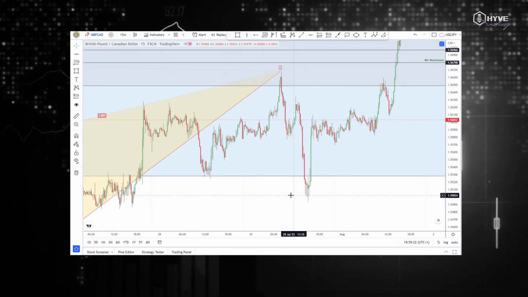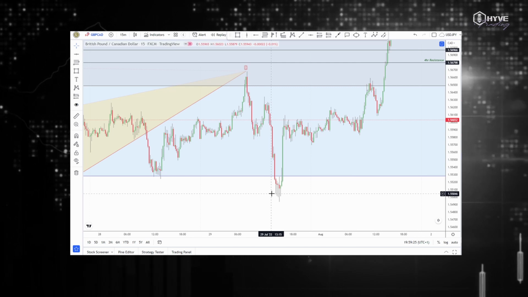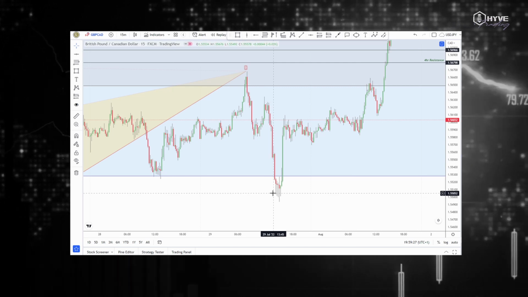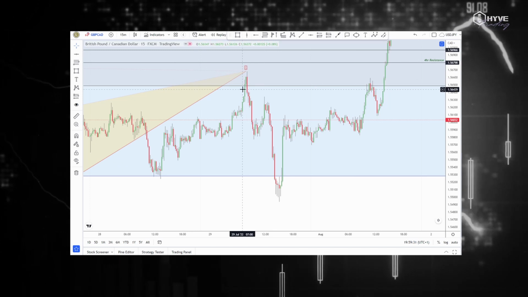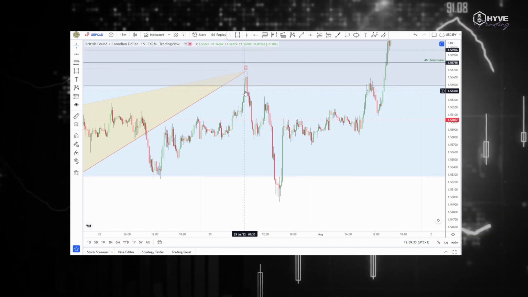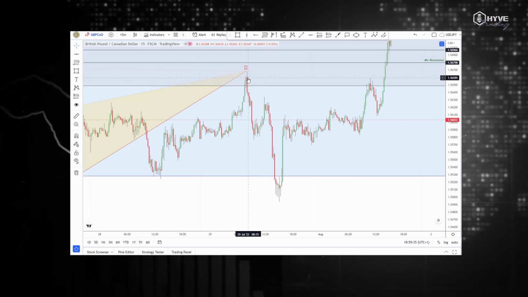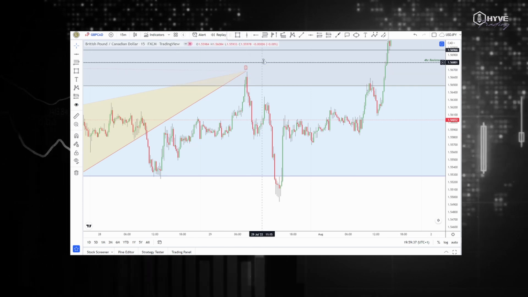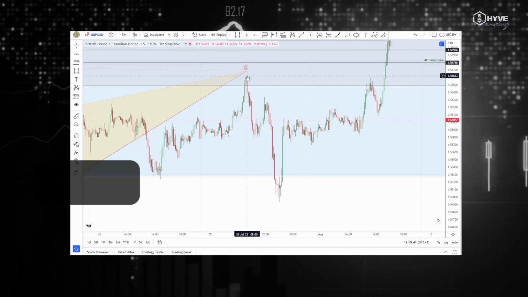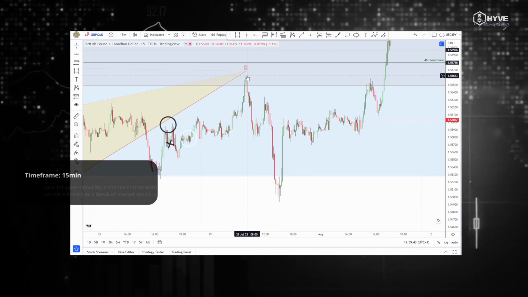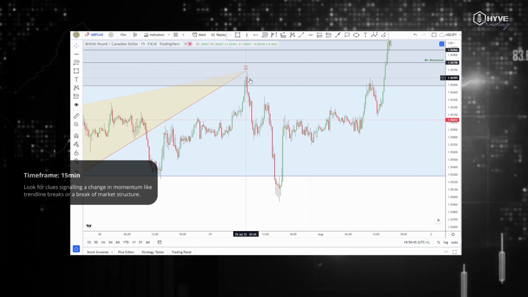But that wasn't the reason why I entered, because you have to remember, when price was approaching this level, it was approaching with enough momentum. So I'm still waiting for confirmation at this point. Yes, it's hit my kill zone, but what I'm looking for is confluence to tell me that, you know what, price is actually reversing and going in the opposite direction.